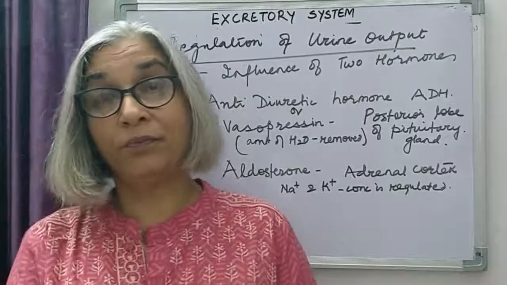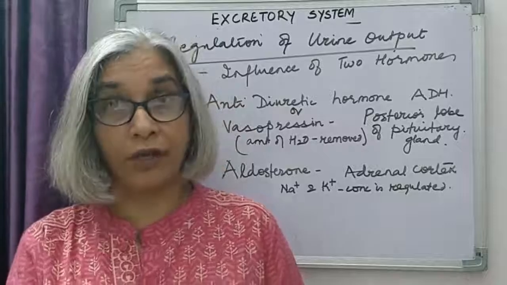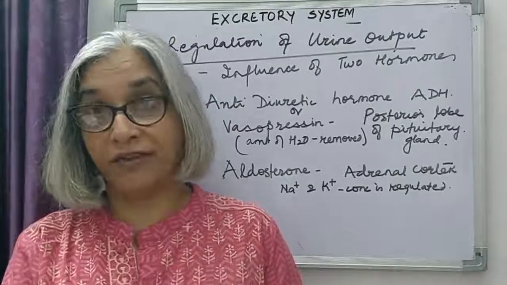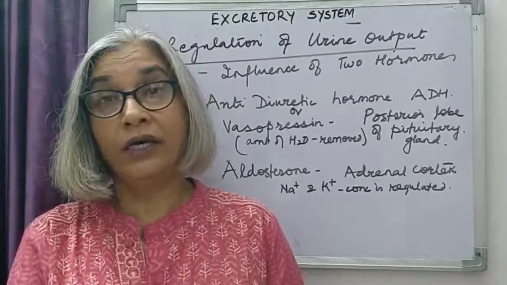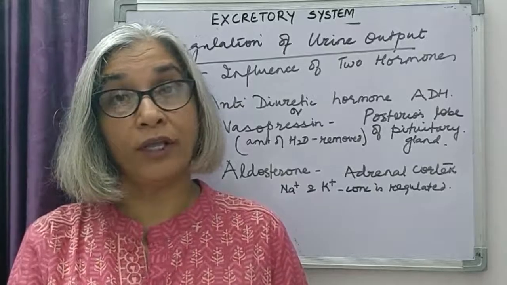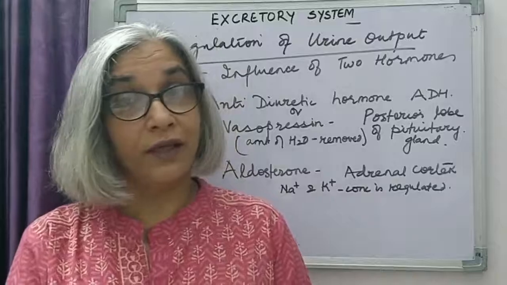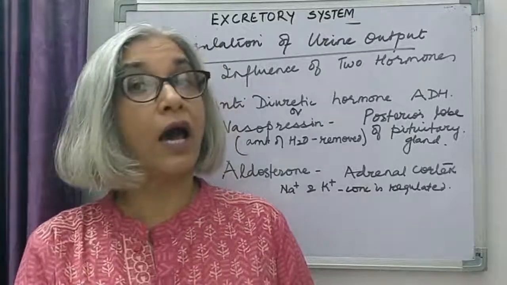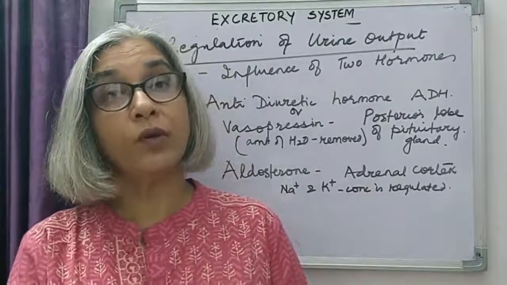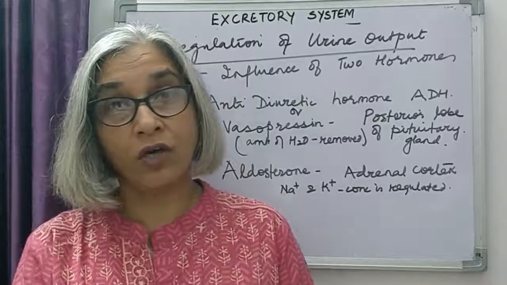Another problem, people who suffer from cholera or excessive diarrhea, water is lost from the body either by vomiting or by loose motions. The intestines are unable to absorb water. Water is being lost.